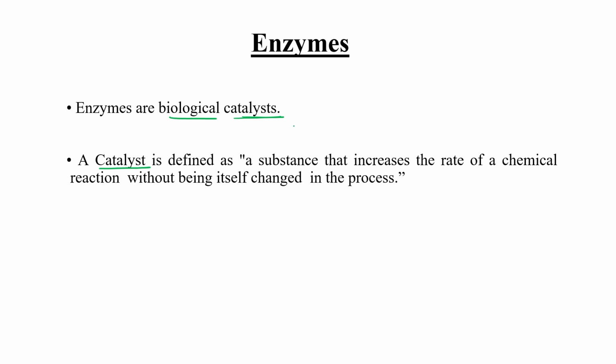They only work in a particular optimum range of temperature, generally 30 to 40 degrees centigrade, right? The term enzyme was given by Kuhne and first discovered by Louis Pasteur. This we have already discussed in the last video lecture.